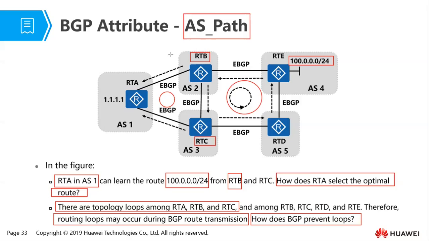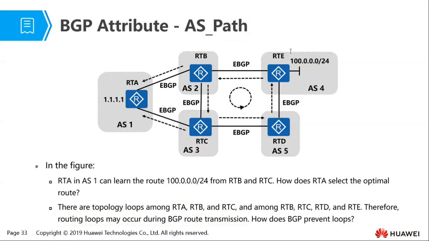Okay, now when this route is advertised, either to this guy. Okay, let me first of all clear everything. So this route is advertised either to this guy, then it gets to this guy, like that.